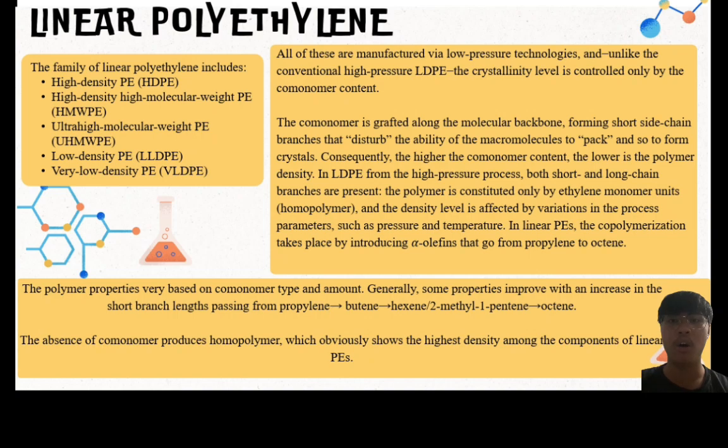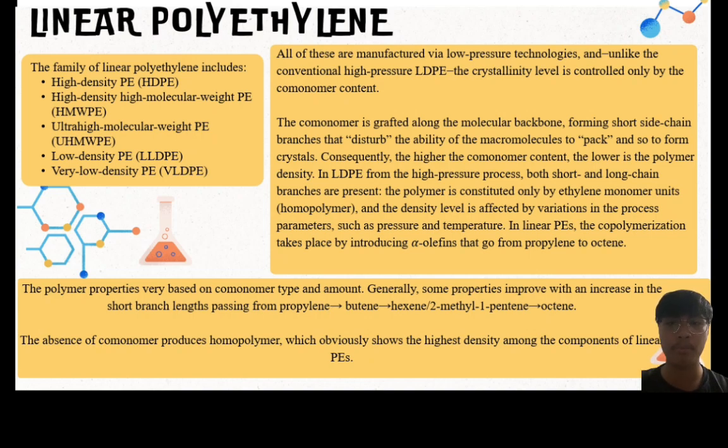All of these are produced using low-pressure technologies, and the comonomer content is the only factor influencing the crystallinity level. Unlike traditional high-pressure LDPE, along the molecular backbone, the comonomer is grafted to form short side chain branches that disturb the macromolecules' capacity to pack and consequently form crystals. This means that the polymer density decreases as the comonomer content increases.